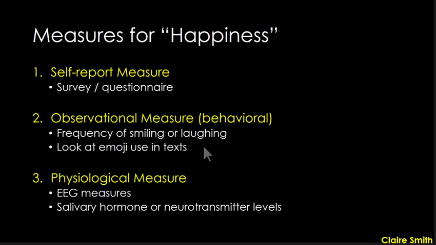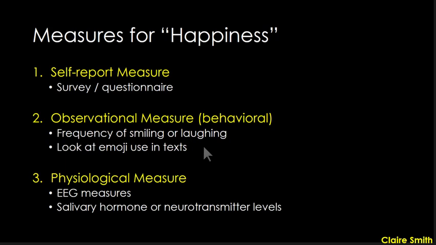We could look at different saliva, right? Hormones or neurotransmitter levels. There's a number of different brain scans we can do to look at different concentrations of, let's say, dopamine or serotonin in the brain. So use different physiological measures to determine someone's happiness.